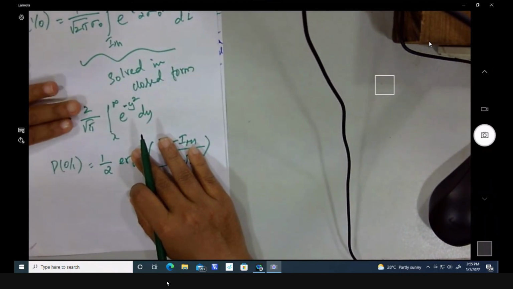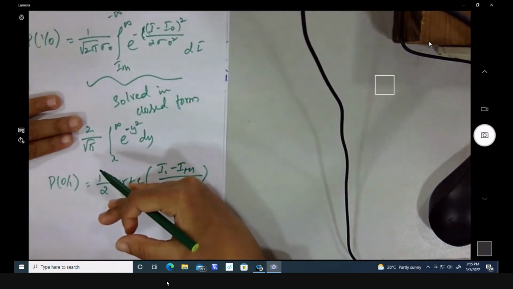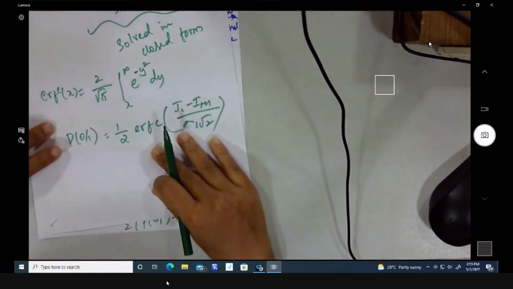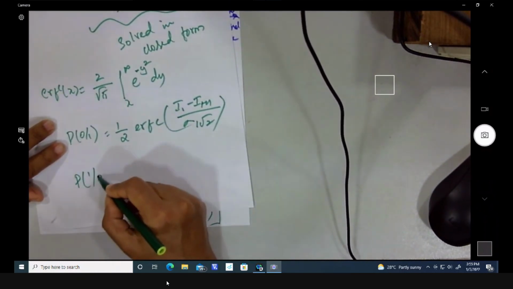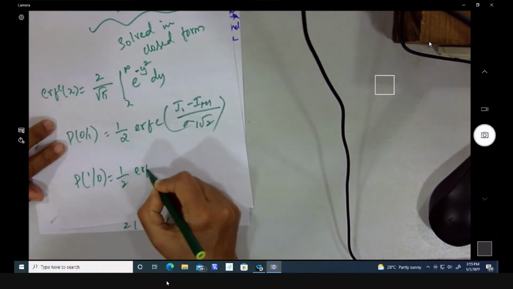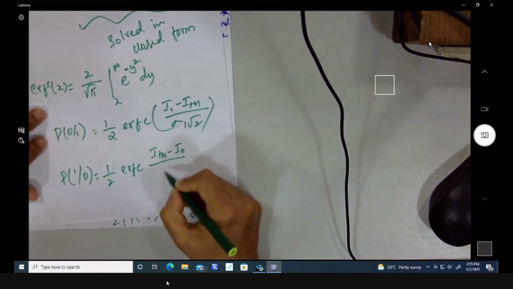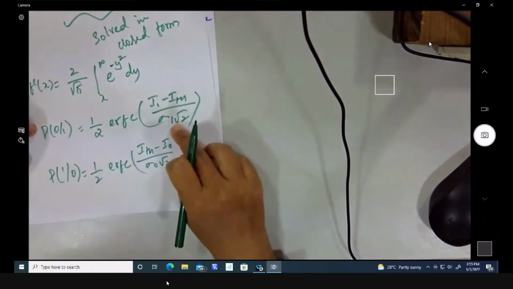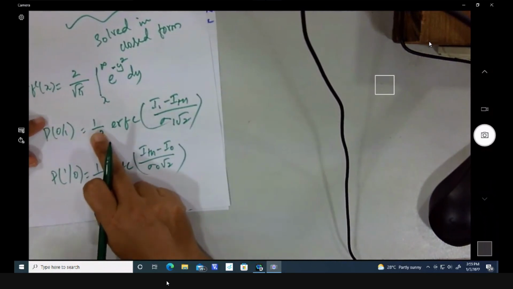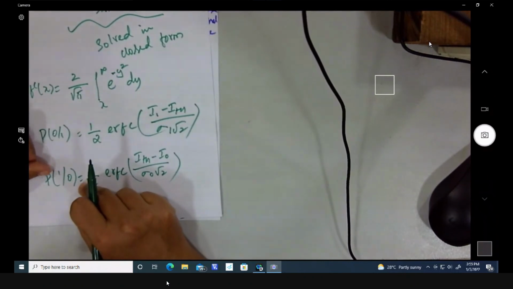So we express these probabilities in terms of complementary error functions only. This is for 0 detected, 1 transmitted. For 1 detected, 0 transmitted, it will be equal to complementary error function of ITH minus I naught divided by sigma naught into root 2. If you substitute all these values, we get the conditional probabilities for 0 detected when 1 transmitted and 1 detected when 0 transmitted.